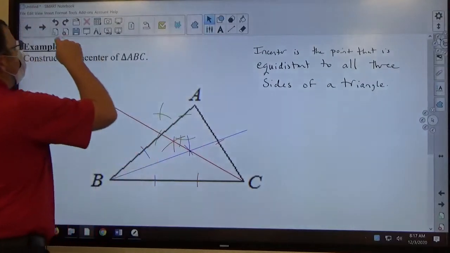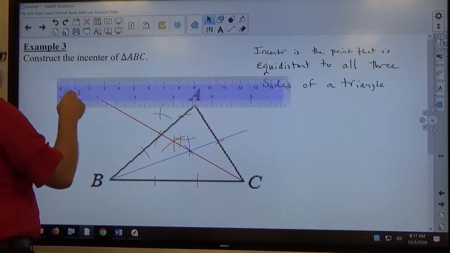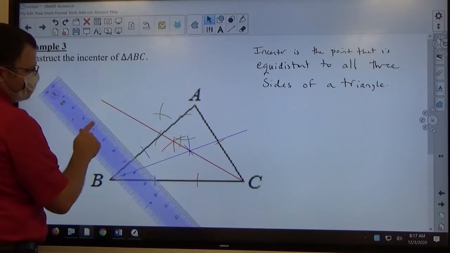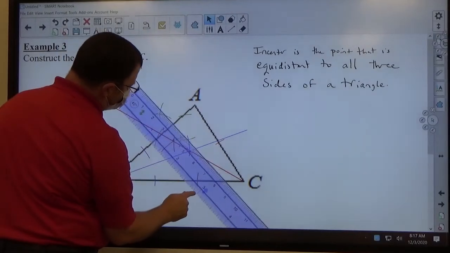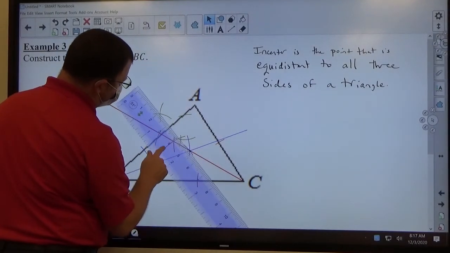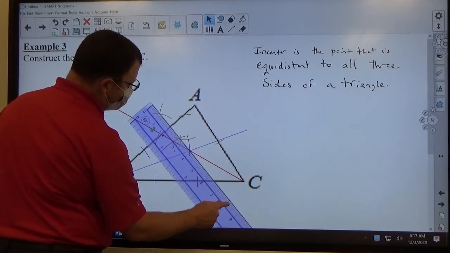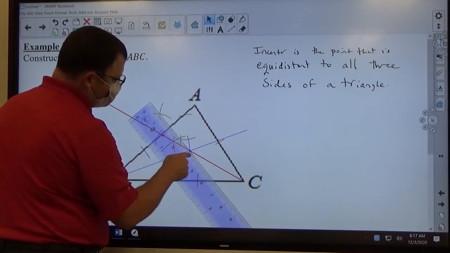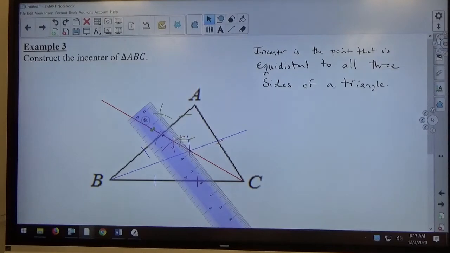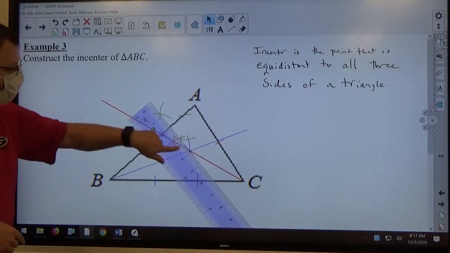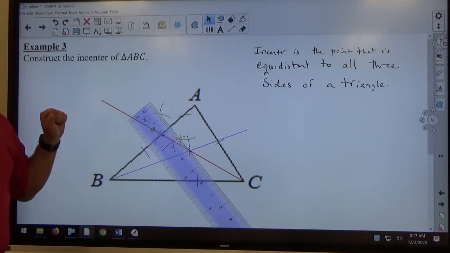So I want to draw the intersection segment here. And all I want to do is draw from the in-center through that. So you should see that if you do it right, it should be touching the in-center. If this doesn't go through the in-center, you did that part wrong.